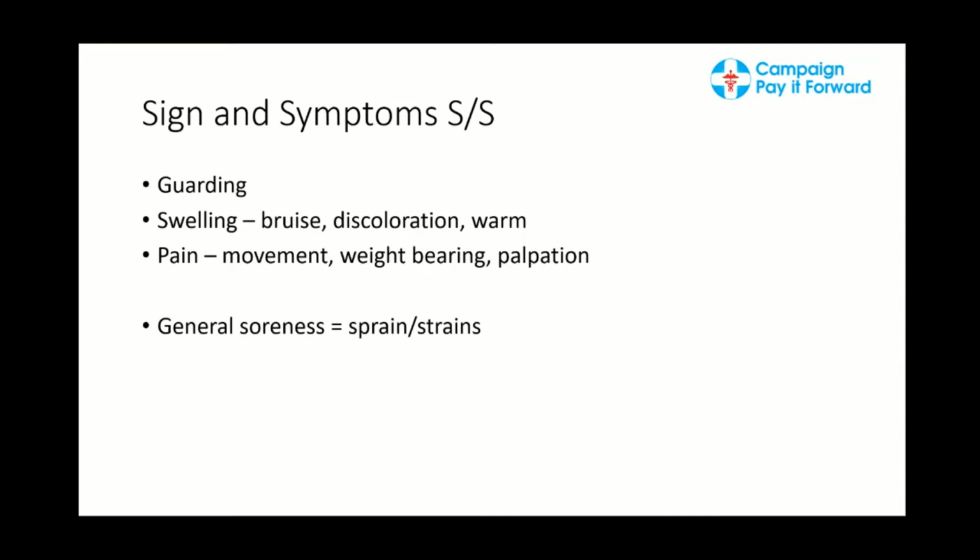For the general soreness, that's usually a sprain or a strain when you feel the pain using palpation. If there's a sharp pinpoint pain, it's usually a fracture, and sometimes the patient will actually point specifically where they're feeling the pain.